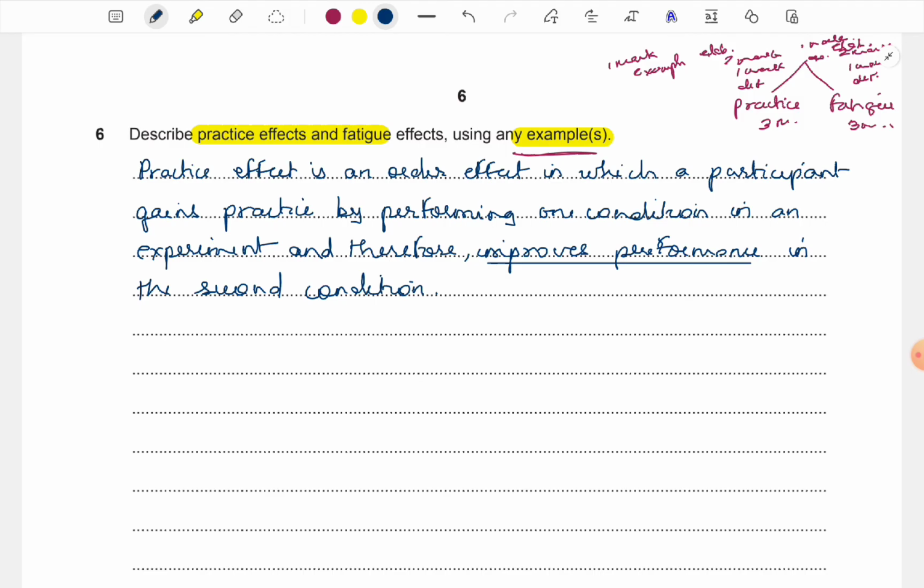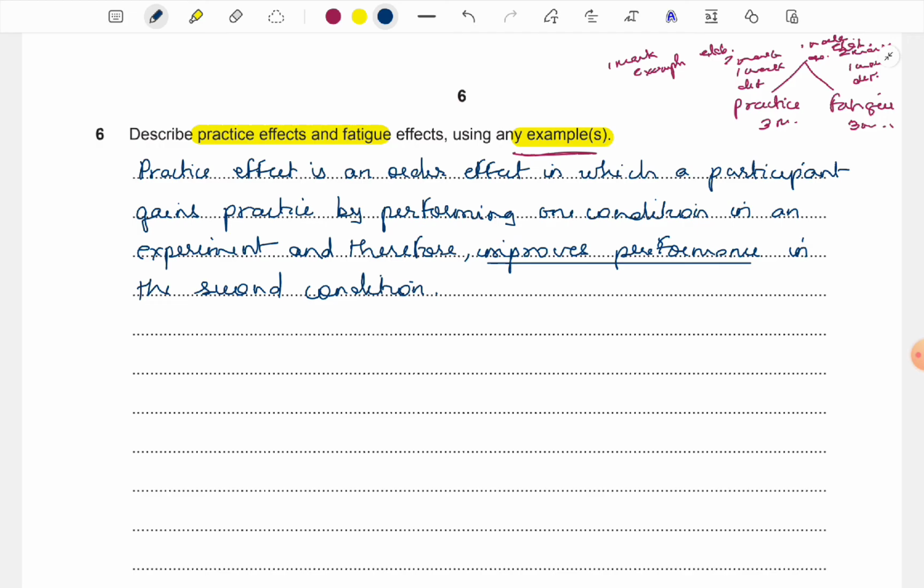And how will you know what is the key thing in the concept? If you learn your research methods unit well. If you take it lightly, you're not able to answer these types of questions well. Students pick up those notes from the internet where they just give very brief summaries of research methods in bullet points. So one line will be there for practice effects, or two words for fatigue effects. They just learn that and they feel they know the whole of research methods. This is when you will realize that you don't know it well.